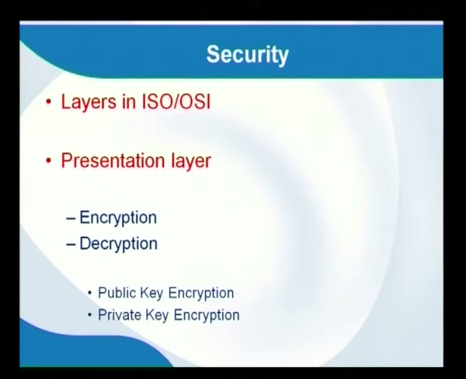They are application layer, presentation layer, session layer, transport layer, network layer, data link layer, and the last one is physical layer. Now the presentation layer is responsible for handling all kinds of security issues.